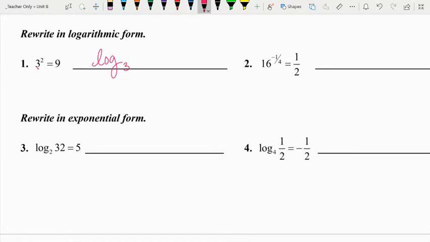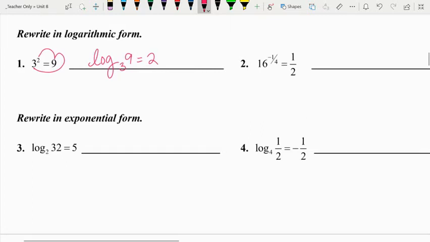So log base 3, and make sure that is lower than the log, of 9 equals 2. Same thing on the next one. You're going to have log, and our base is 16, so it stays 16. And it's going to be of 1/2 equals -1/4.